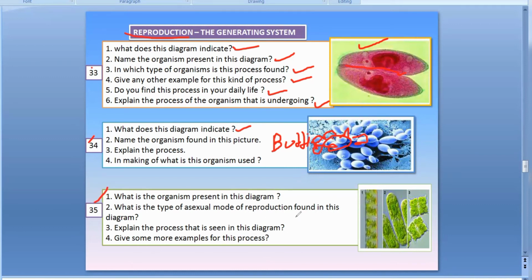Next, 35. What is the organism present in this diagram?